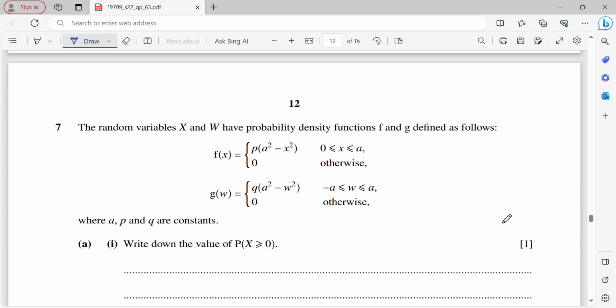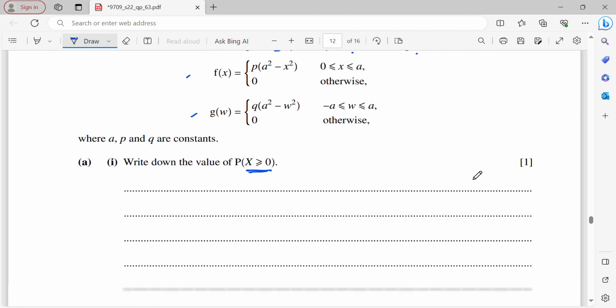Okay, now for question number 7. The random variables x and w have probability density functions f and g defined as follows, fx and gw. Okay, write down the value of P(x at least 0).